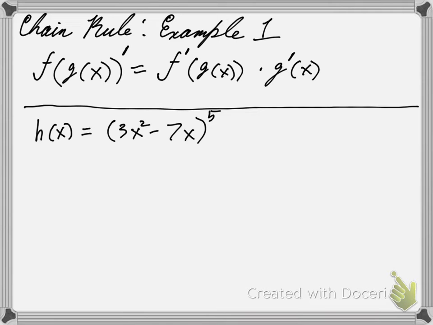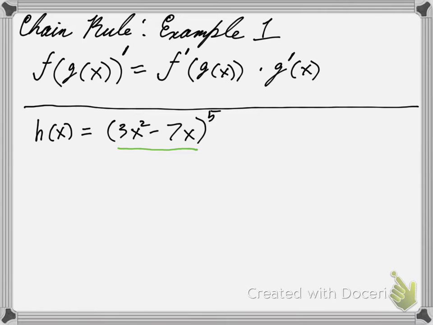So, first thing we're going to do is identify an inner and outer function. You want to note that 3x squared minus 7x is a statement by itself. And then it's being acted upon by another operator, in this case being raised to the power of 5.